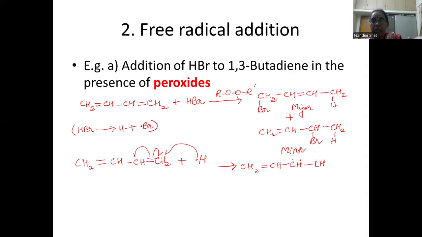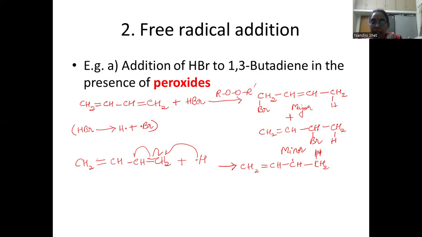So the dot is representing the free radical. And this carbon, which also had a radical, has now formed a bond with the incoming hydrogen. So a new bond is formed. So this is one radical which is generated in the mechanism of the reaction.